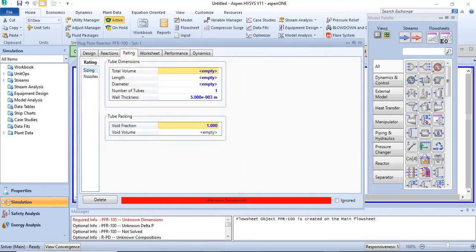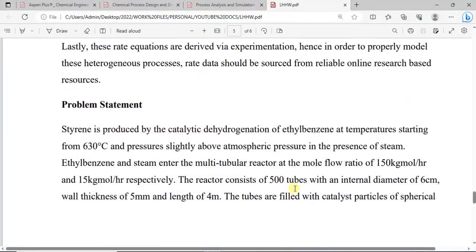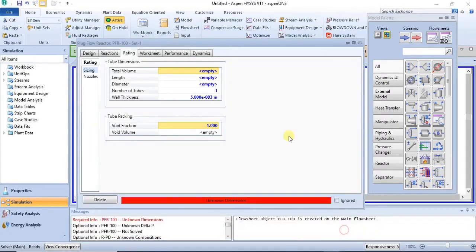dimensions. With the dimensions, we have a reactor that consists of 500 tubes. It's a multi-tubular reactor. So you have number of tubes 500. That's the first specification.